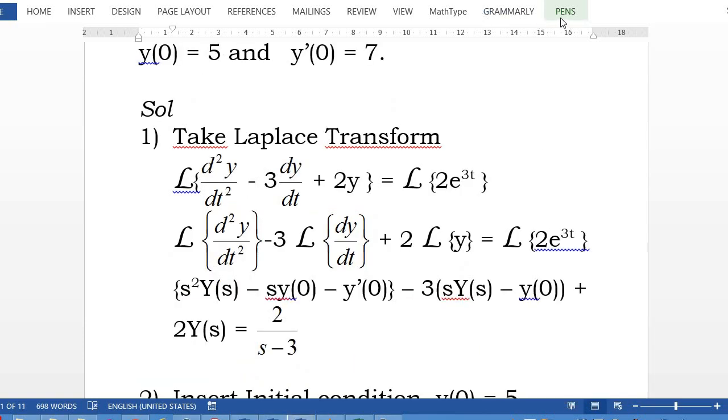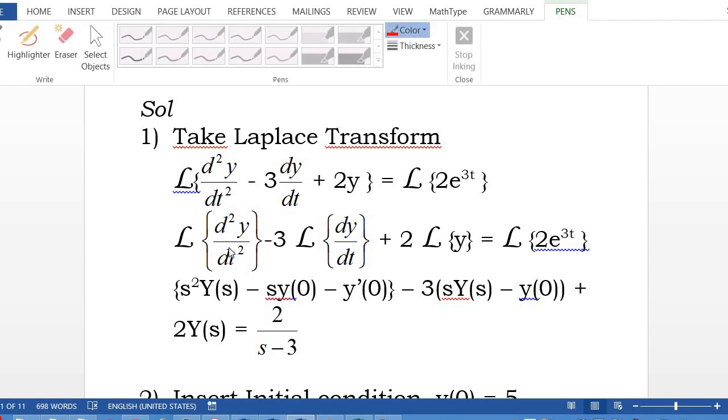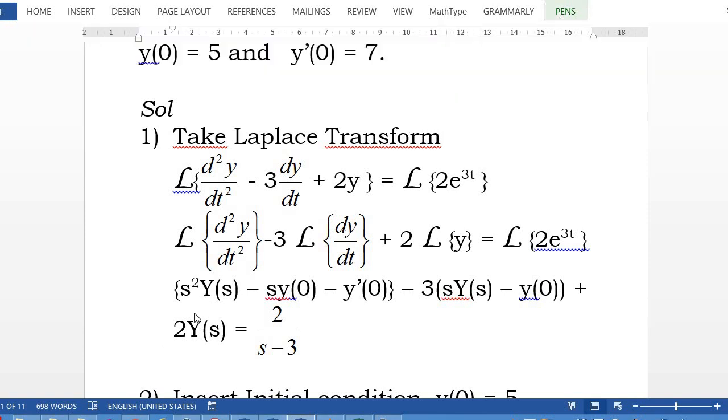So here you have s squared Y(s) minus s y(0) minus y prime (0), then minus 3 times sY(s) minus y(0), plus 2Y(s). The Laplace transform of 2e^(3t) is 2 over s minus 3.